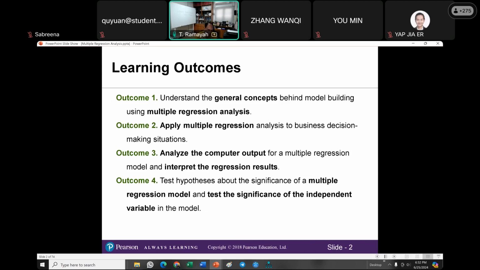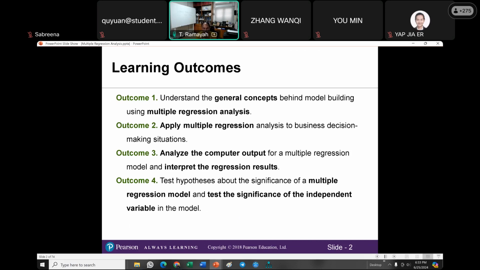If you are planning to do machine learning, or big data analytics, they are still dependent on this understanding called multiple regression analysis. So for God's sake, please pay attention to the discussion. Hopefully this will carry you through for the rest of your life. Okay, at least you understand better what is being done.